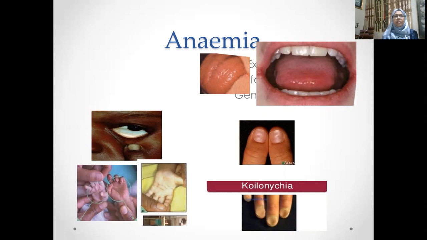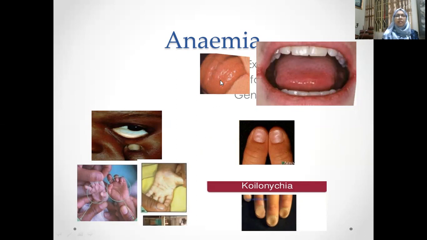You may be asked to examine the child for anemia. Then what to do? You have to take a general look at the child, and usually there is generalized pallor. You have to see the eyes, that is the lower palpebral conjunctiva. You have to see both conjunctiva at a time, and it is pale.